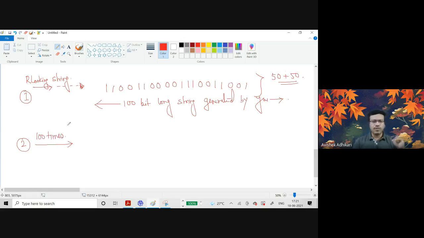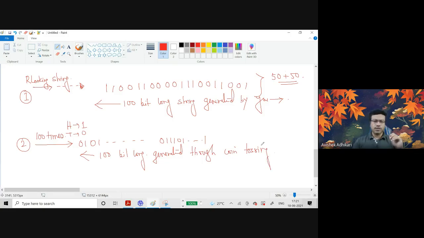Suppose you have written head as 1 and tail as 0. If you do it 100 times, you will get some sequence of zeros and ones like this. So this is also 100 bits long, but generated through coin tossing.